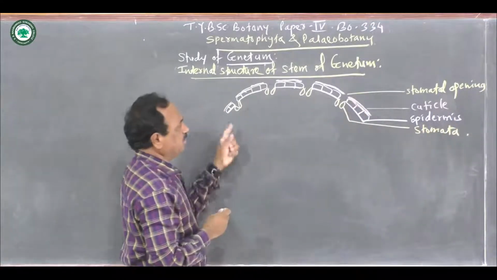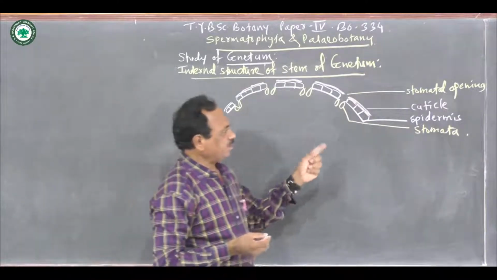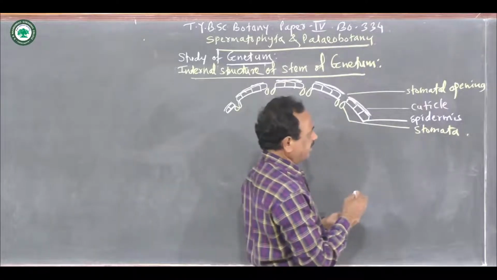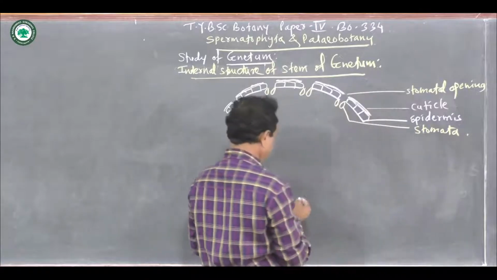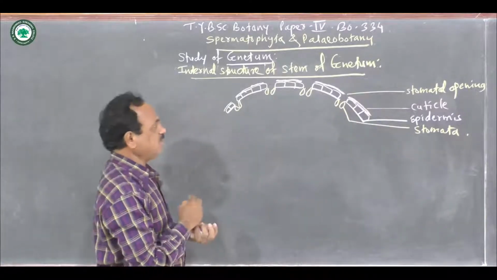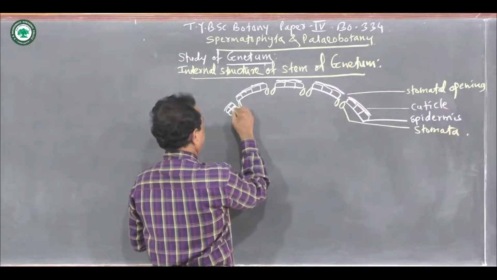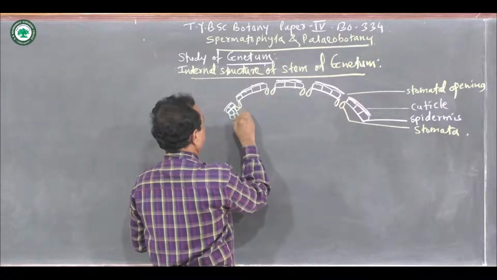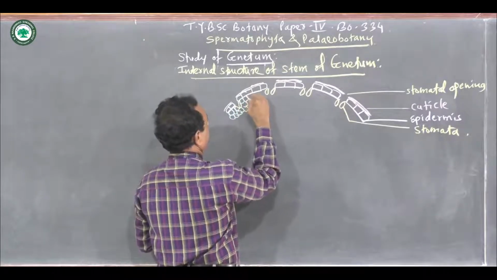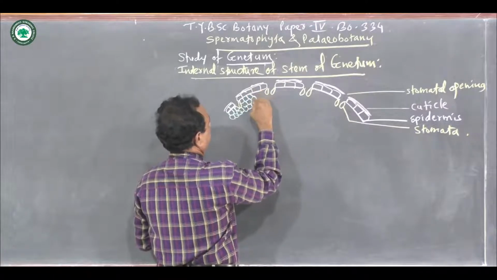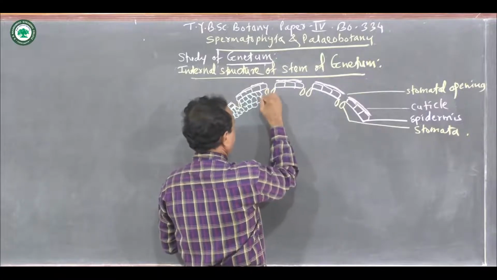Inner to this epidermis, there is the presence of the cortex, and the cortex is differentiated into 3 layers. The outermost one is known as the chlorenchyma. The cells are chlorenchymatous in nature, and this chlorenchymatous cortex is about 5 to 7 layered.